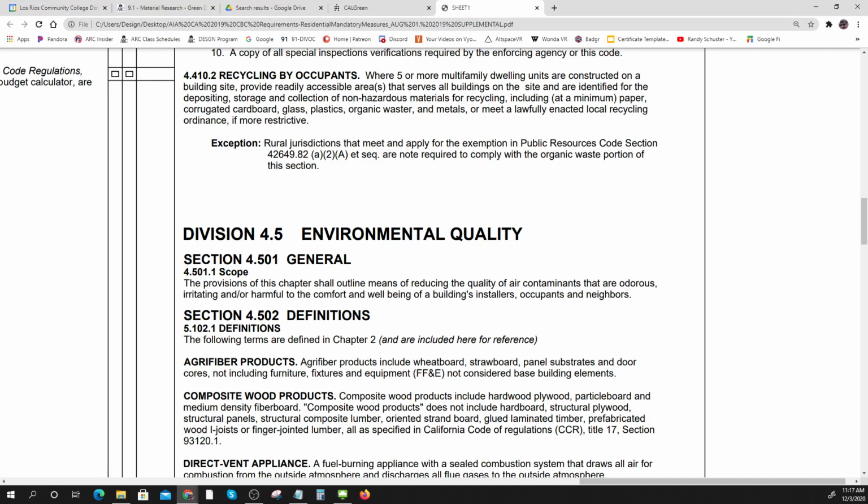But it is different. The documentation is different. Who you give it to is different. And there is no enforcement on LEED unless it's part of the documents between the owner and the occupant and the builder.